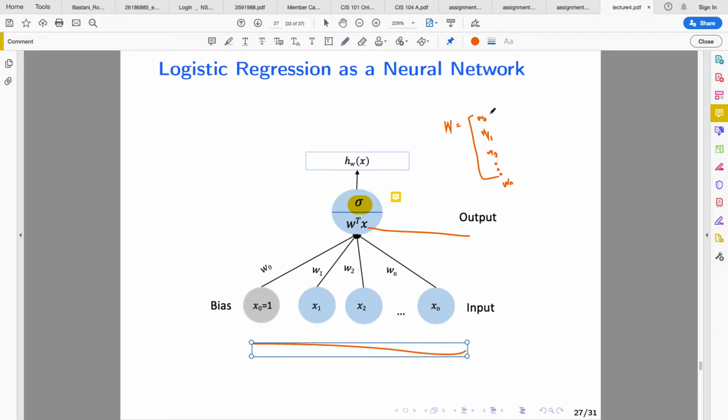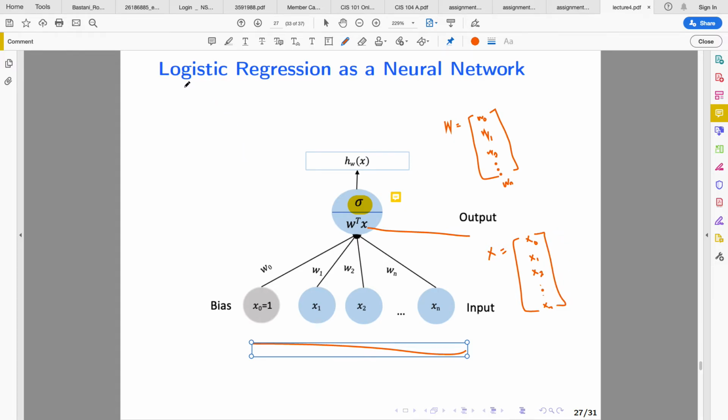So this is a vector. And this x, as you guess, is supposed to be capital X. It is x0, x1, x2, then we move on until we get to xn. That is our capital X.